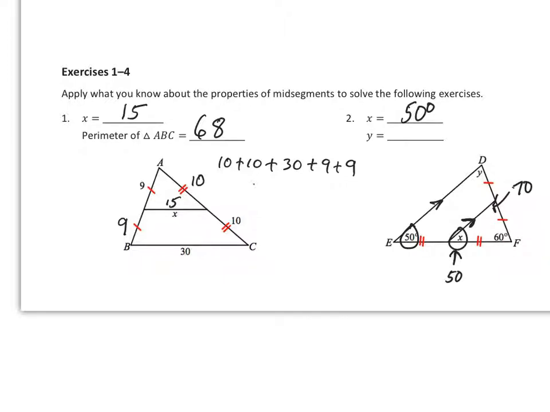That also means Y has to be 70 because it's corresponding to that angle. So what we had was 2 pairs of corresponding angles: corresponding angles here, and corresponding angles here.